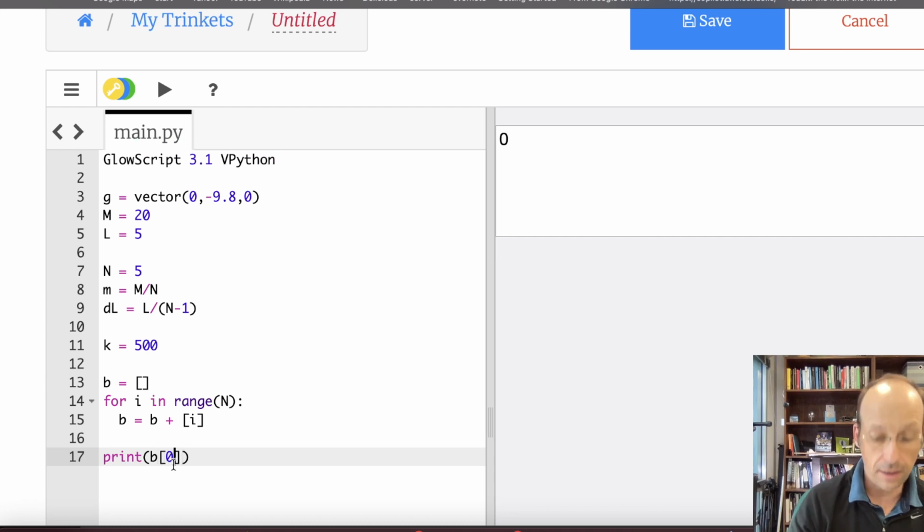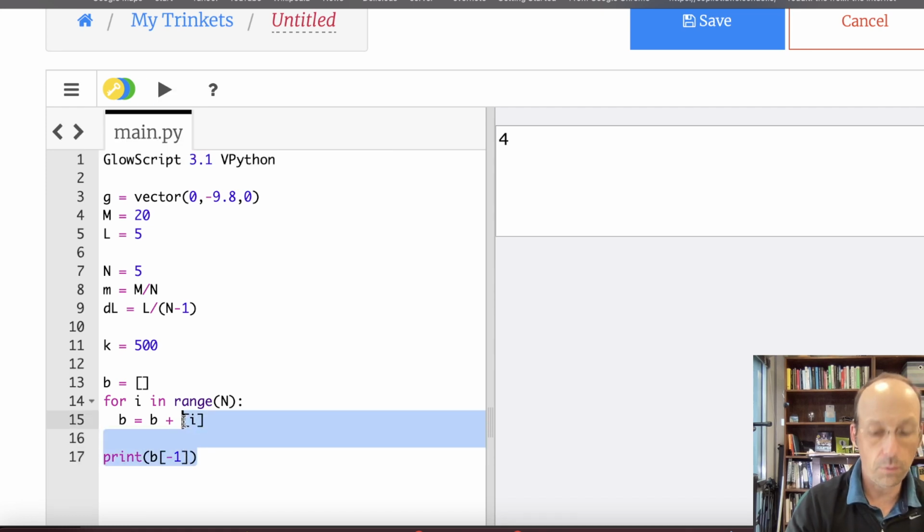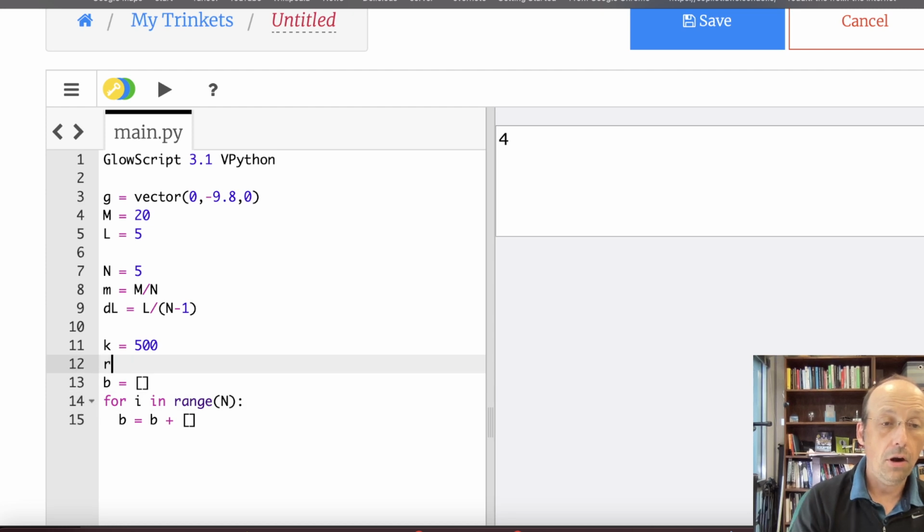And I can print the last one with minus 1, just like that. Okay. So I don't want a list of numbers. I want a list of spheres. So let's say I'm going to put up here R start equals vector 0, 0, 0. I need some place to start.